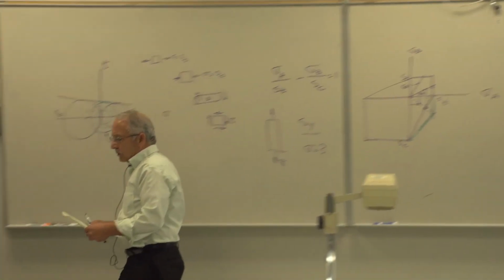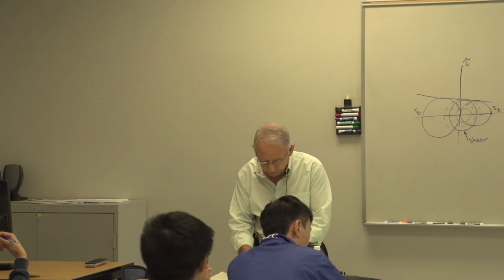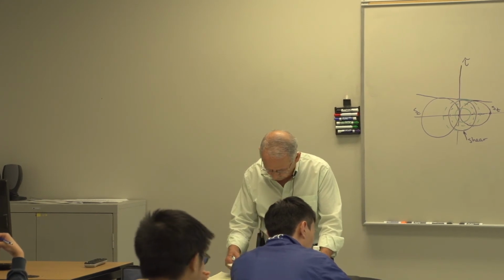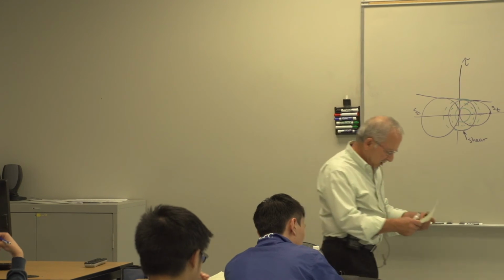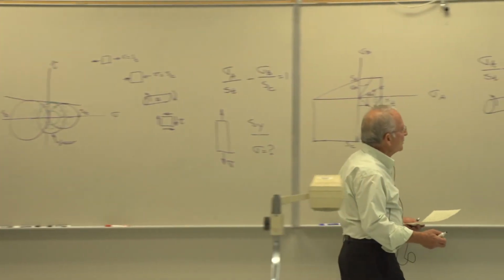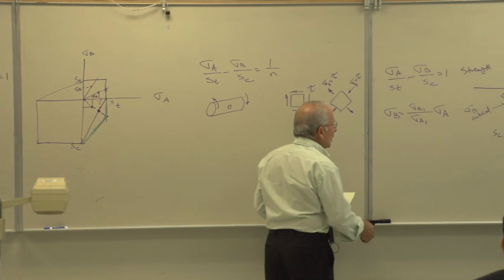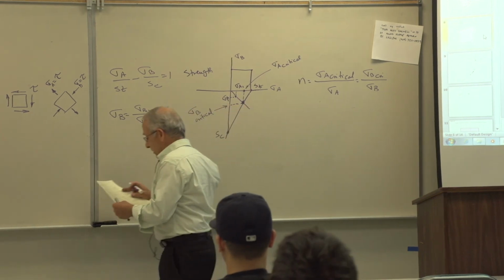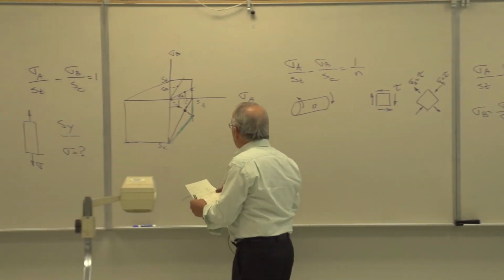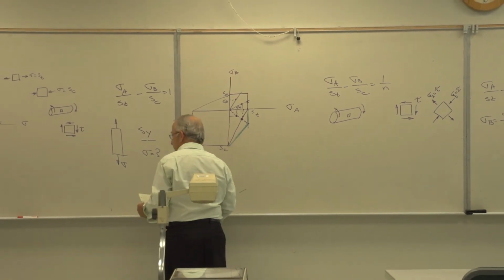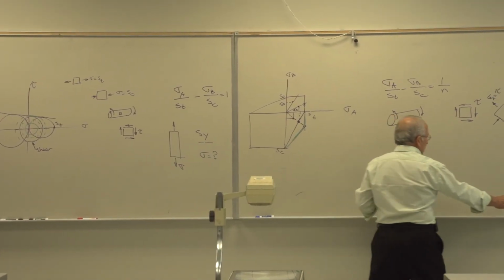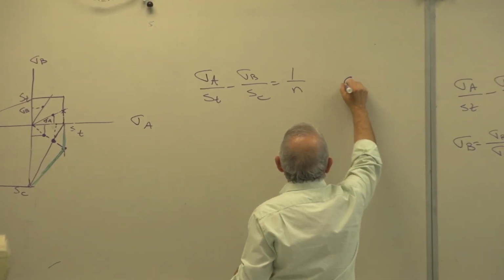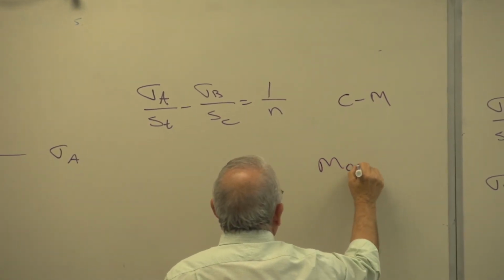Let's see, which one of these do I want to give you? This one or that one? Yeah, this one. These are written in different forms, so this is just one form. If you see a different form in the book, do not be surprised. This is not for this, but for modified Mohr, for this one. This is Coulomb-Mohr, what I'm about to write.